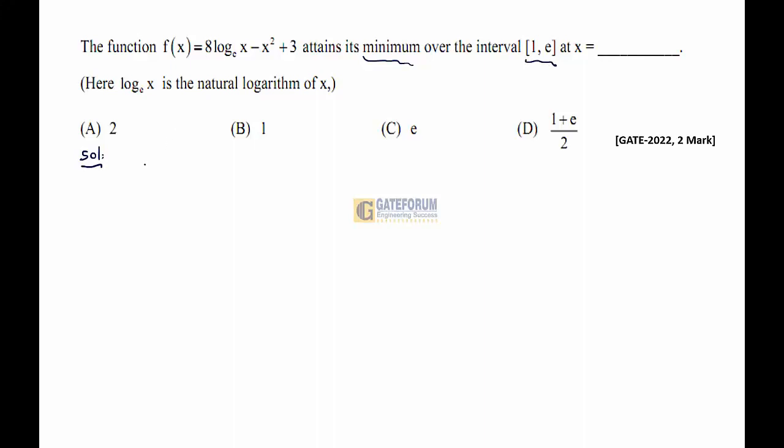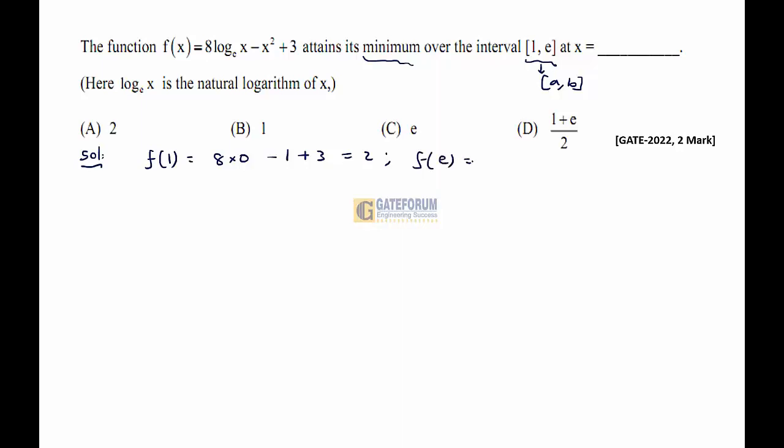So step 1 is, this is just comparing with closed interval a comma b, find the functional values at the endpoints of the closed interval. That is f of 1. Put x is equal to 1: 8 into log 1, which is 0, minus 1 square plus 3. So this simplifies to 2. Next, f of e.